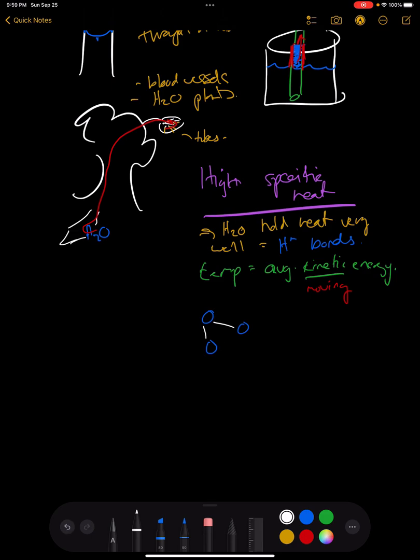So they can break and form, break and form, break and form. Because they can do that, and because water can move relatively fast, all of that heat starts to get stored in these different hydrogen bonds. And because those hydrogen bonds can break and form so quickly, they're able to hold the heat really well.